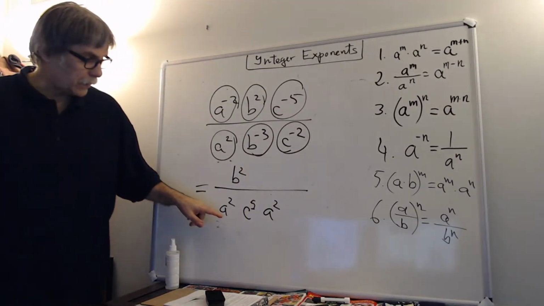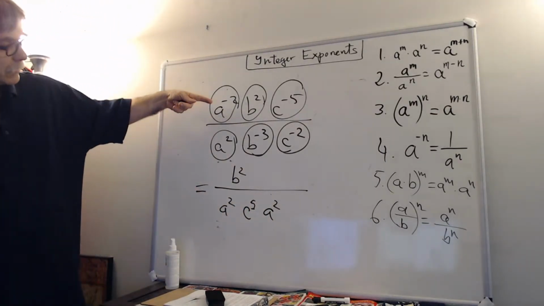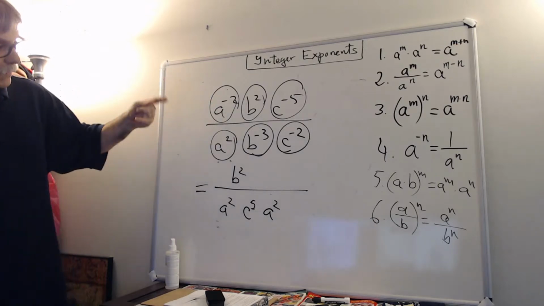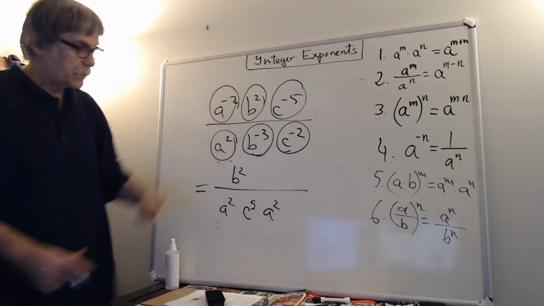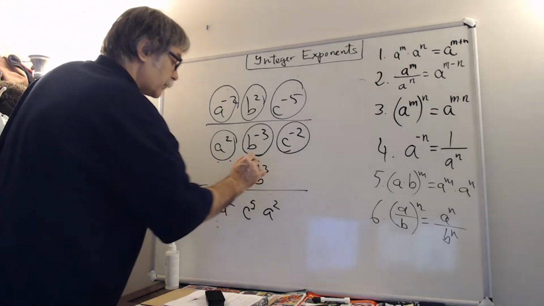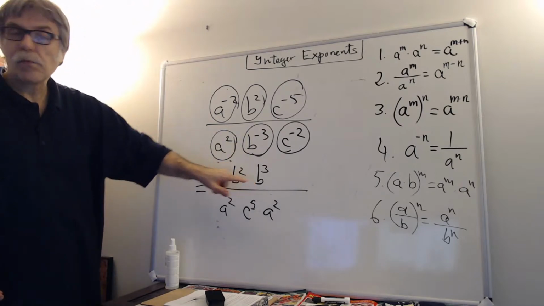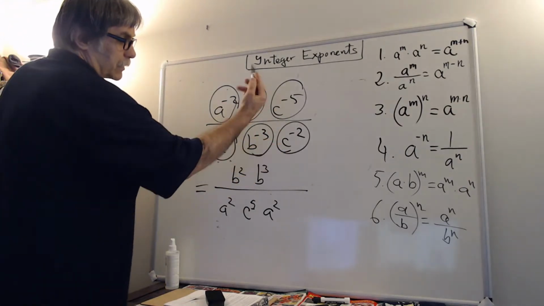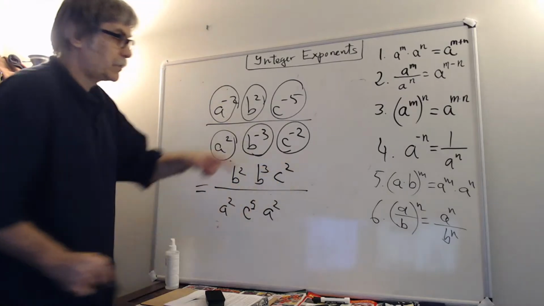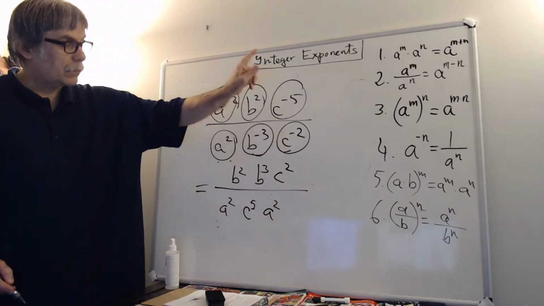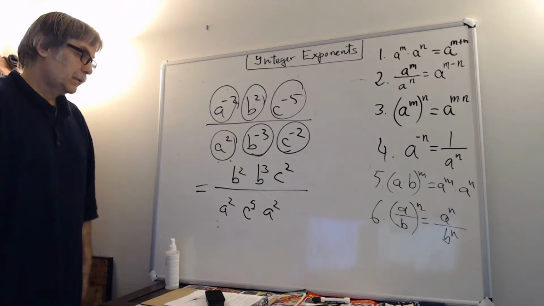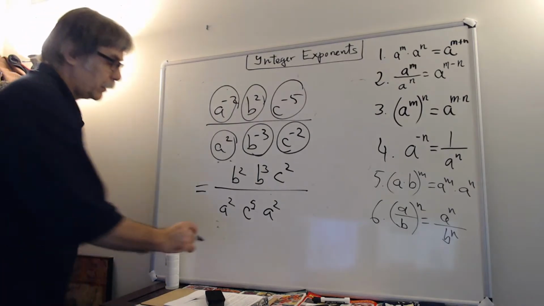Okay? No mistake here. This one and this one are 2 different things. This is the guy that came from the top, and this is the guy that was in the bottom. Now this one here goes upstairs. Changes the sign. Now it's -3, now it's 3. This one goes upstairs. Changes the sign. Here is -2, goes upstairs, becomes power of a square. And now you can work this out.